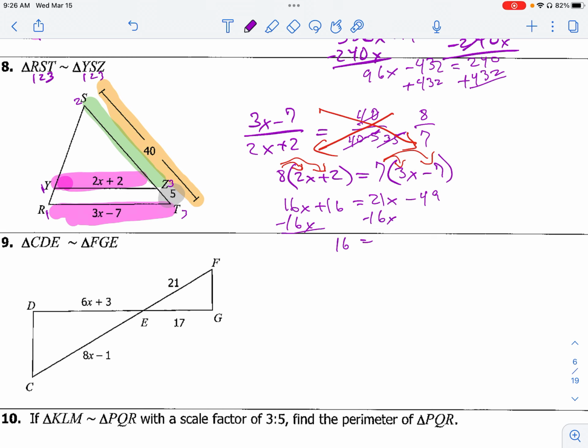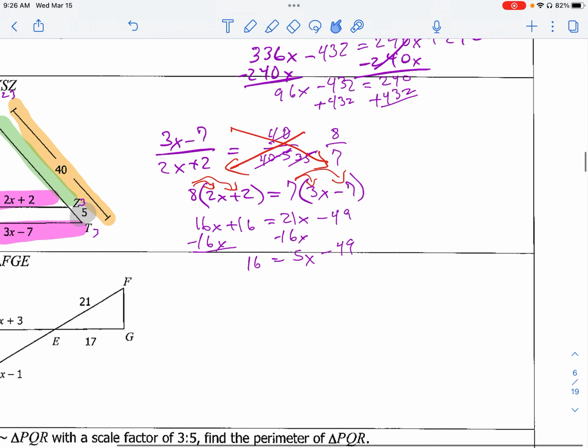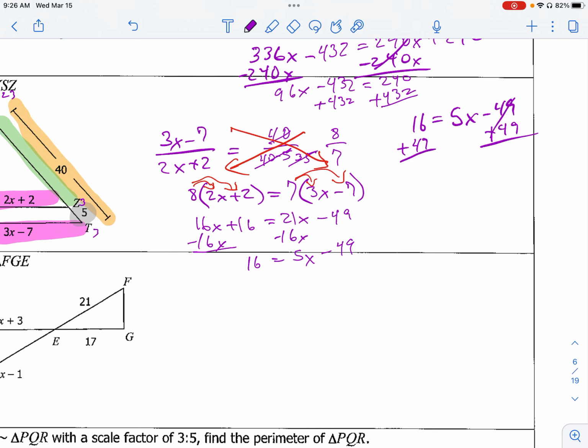So we get 16 equals 5x minus 49. Let's come up here and rewrite this so I have some room. Add 49 to both sides to get the x by itself. Divide both sides by 5. And we're going to end up with x equals 13.